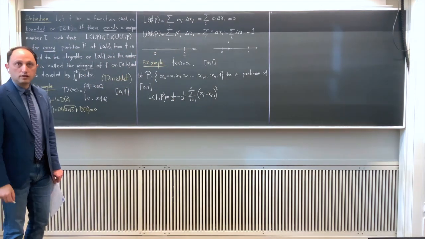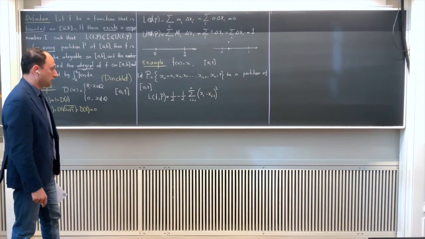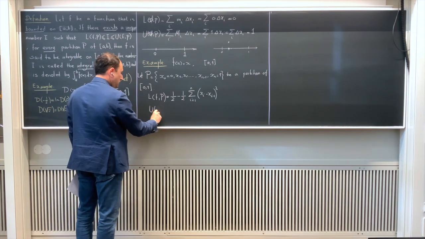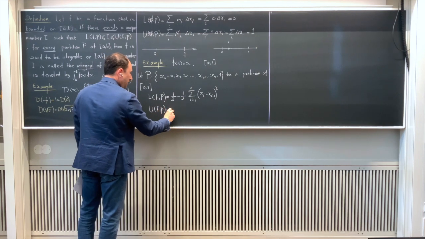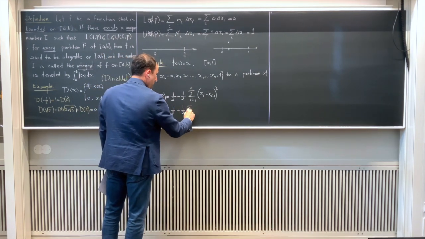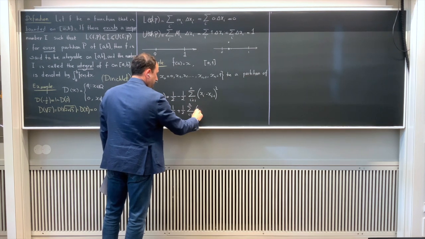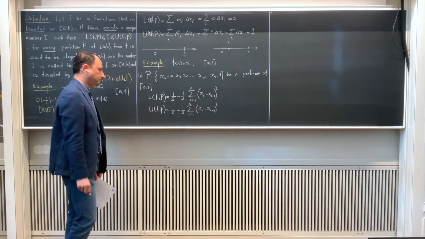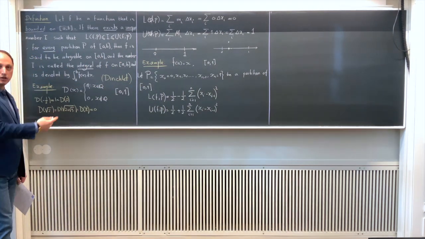This is what I got by that calculation if you refer back to your notes. Unfortunately, the video was not recorded. And then I calculated the upper sum of f for P. I get a similar expression, but with a positive sign in between. Yes? This is what we got.